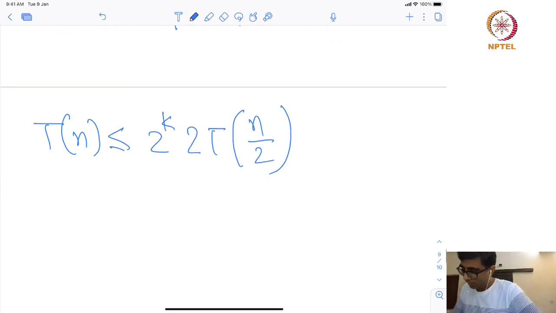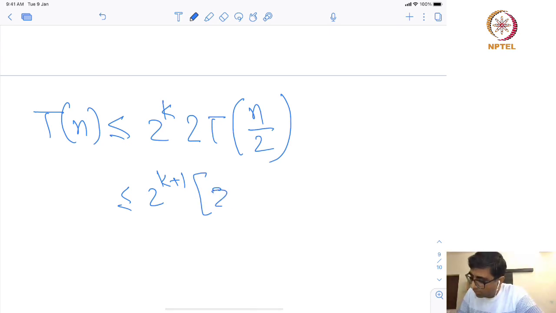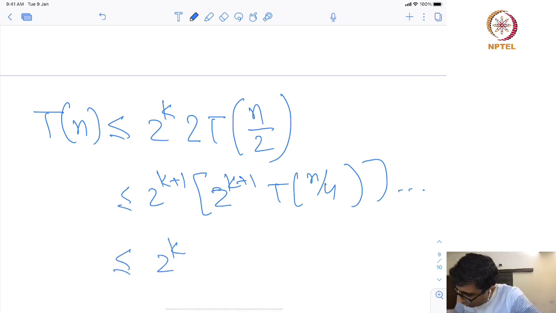Now, if you extend this recurrence, you are going to get 2 power k plus 1, then again you will get 2 power k plus 1 times T of n over 4, and so on and so forth. So this is going to be 2 power k plus 1, but how many times? Log n times, right?